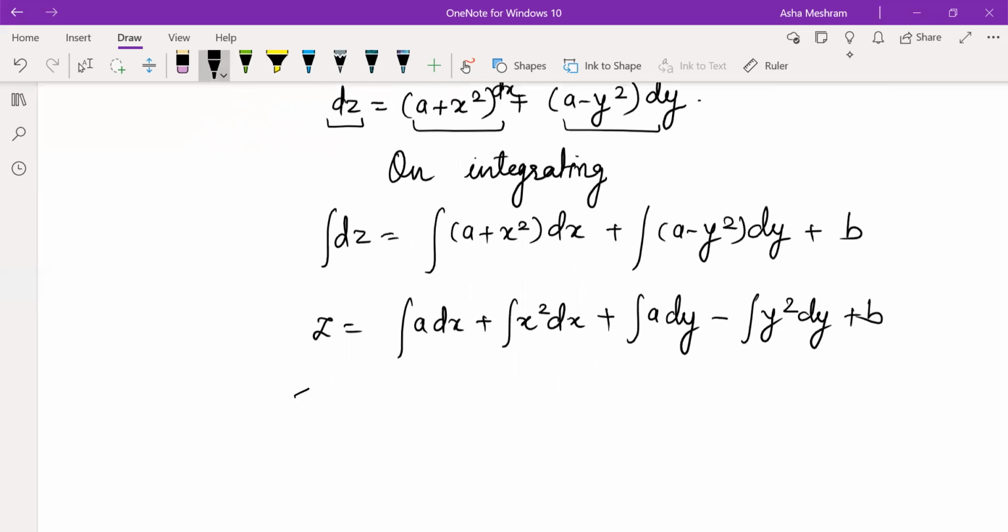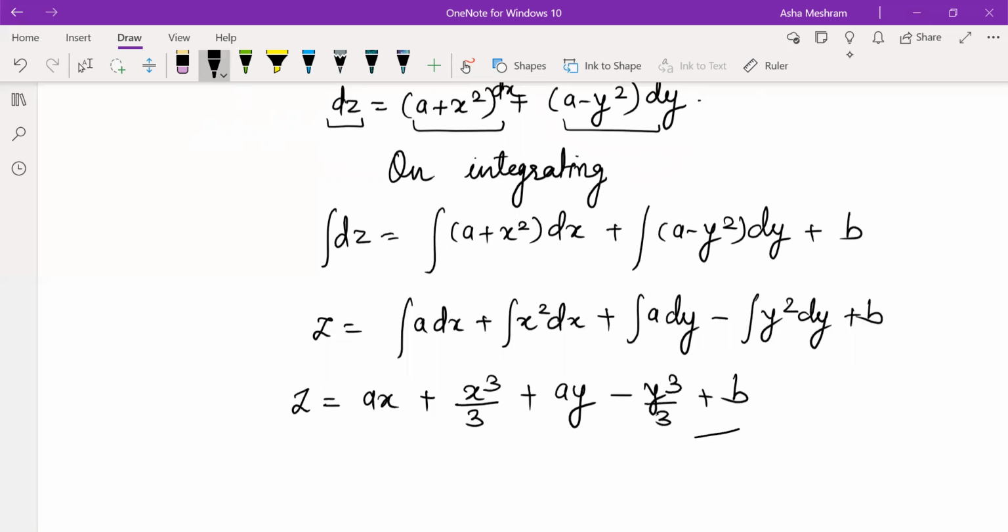So how to solve this integration? Integration of a dx is ax, integration of x square is x cube upon 3, integration of a dy is ay. Okay, and minus, this is y cube upon 3 plus b.